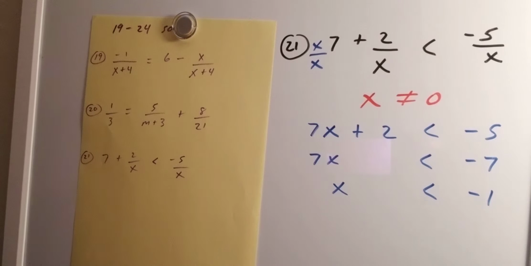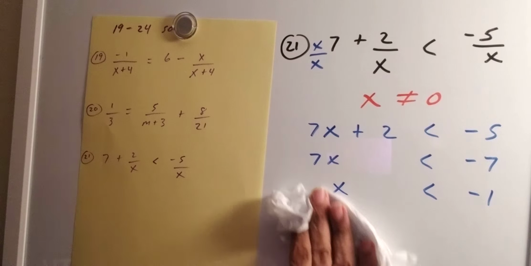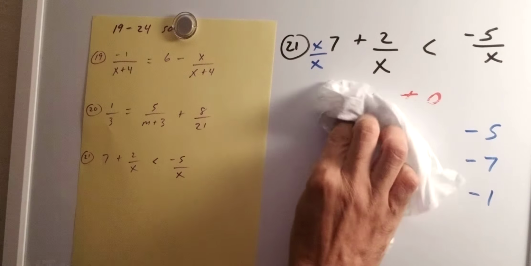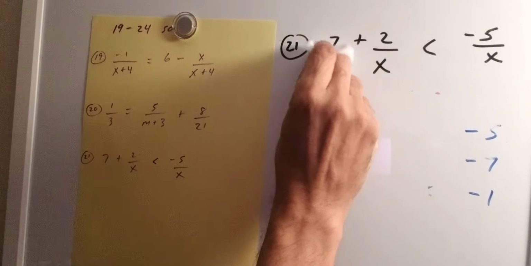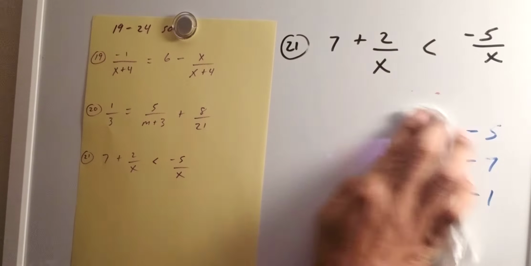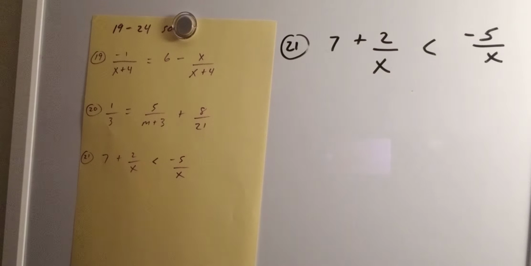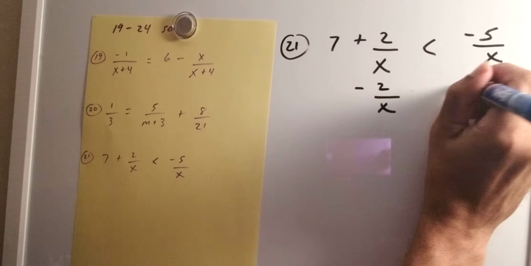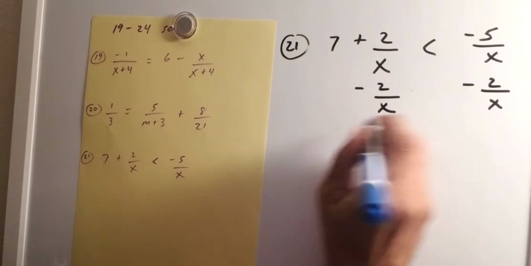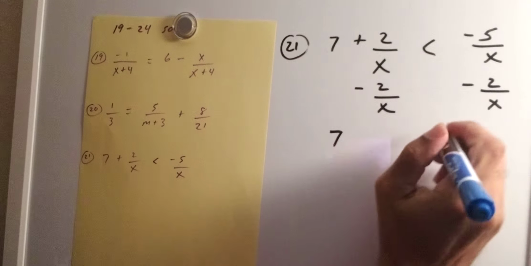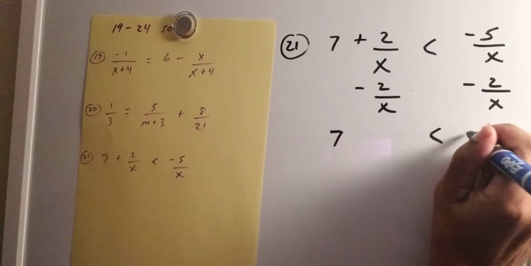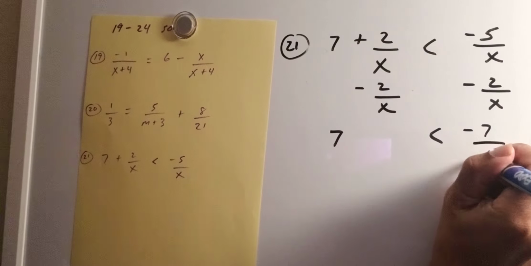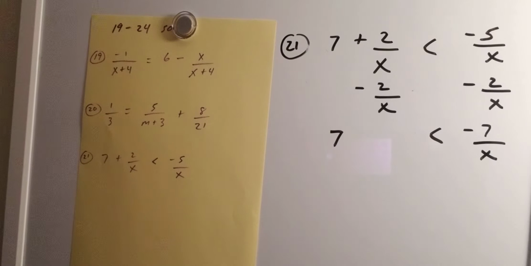Let's look at an alternative method of solving this. Subtract 2 over x from each side. 7 will be less than negative 7 divided by x.